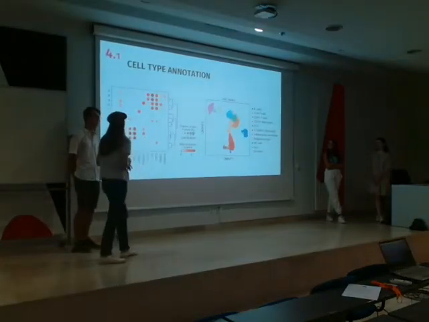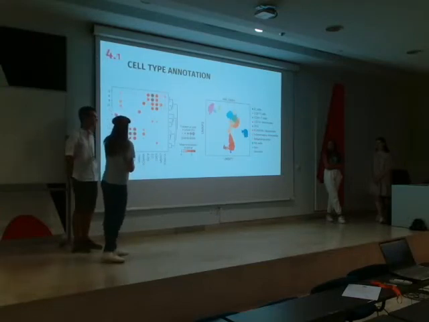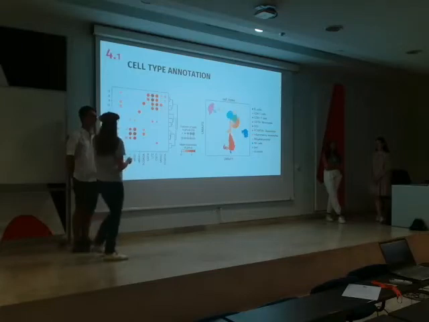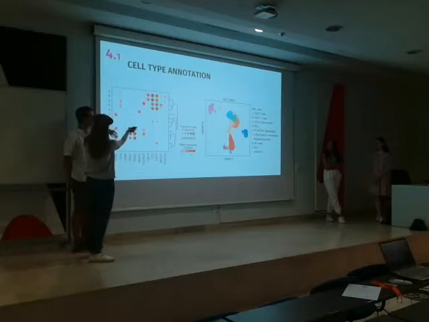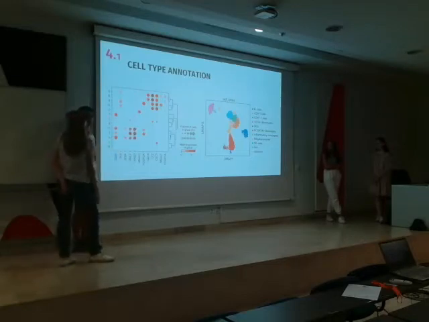Also we have this plot. Numbers are clusters, and these are genes. So basically, this is the distribution of genes in clusters.